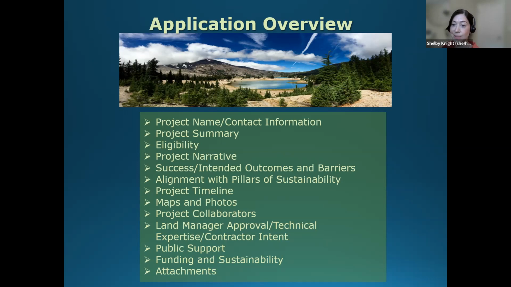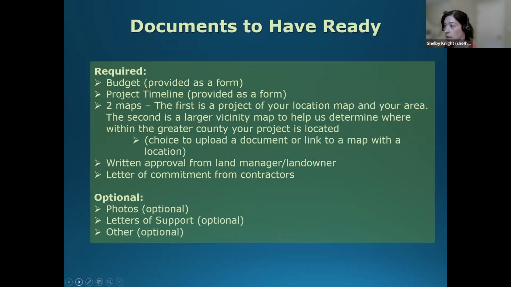Public support, do you have public support for this project? Do you anticipate having public support for this project? Are there concerns with maybe the public perception of your project? We just want to be aware of that so that we can help work through that with folks. Funding and sustainability, and then the attachments. Documents to have ready.